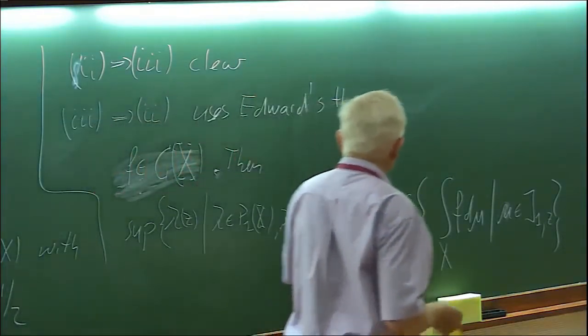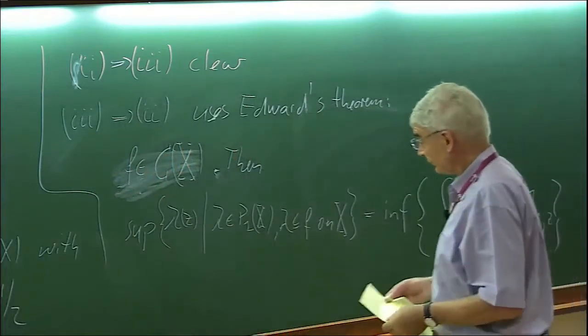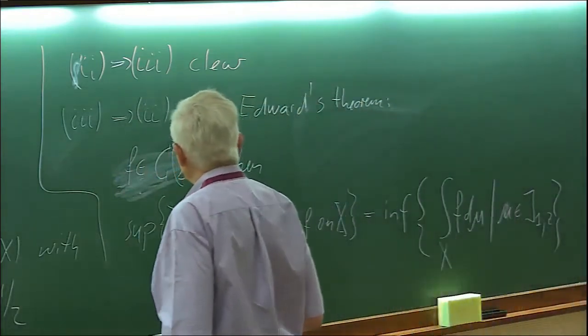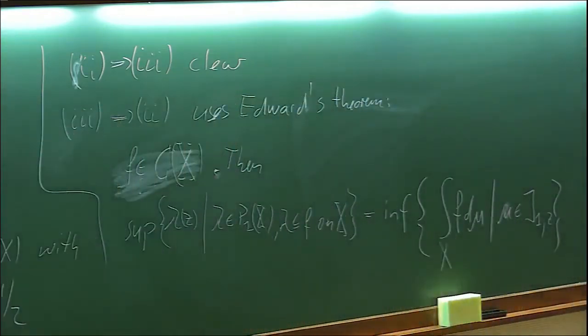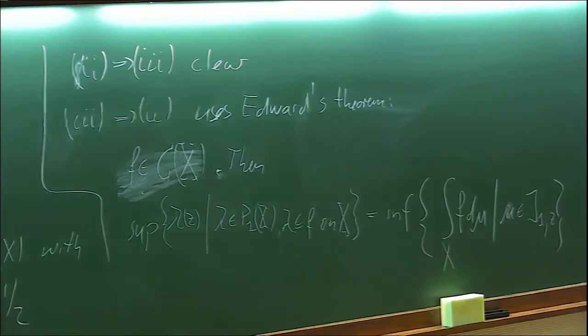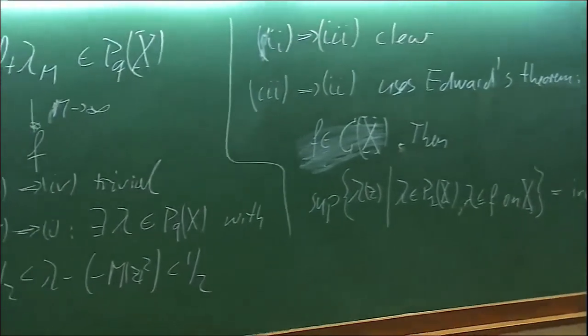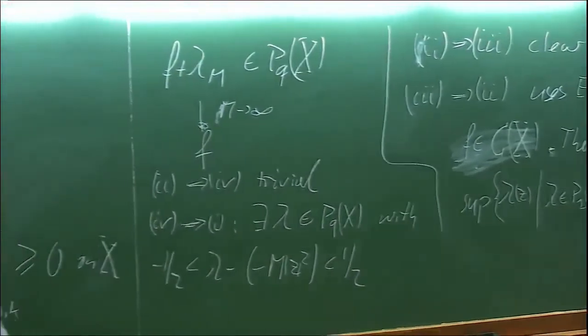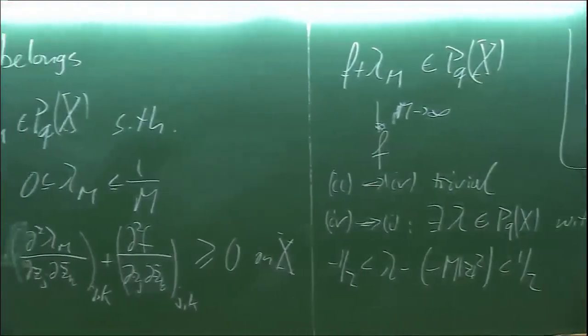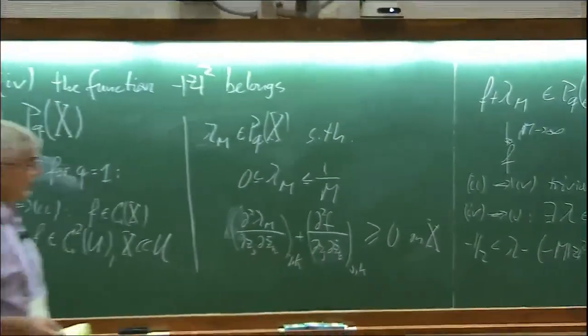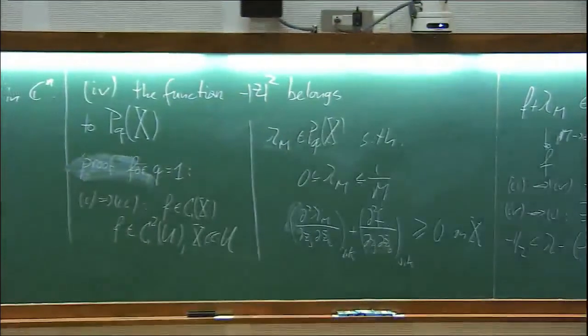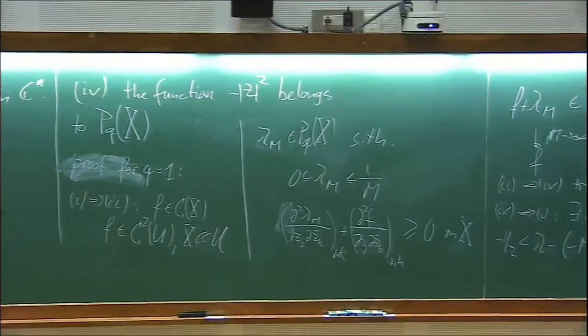But so if we have this, now if we have a continuous function, we have 3, how can we get 2 out of this? Well, if 3 holds, then there's only one Jensen measure here, the point mass at the point.